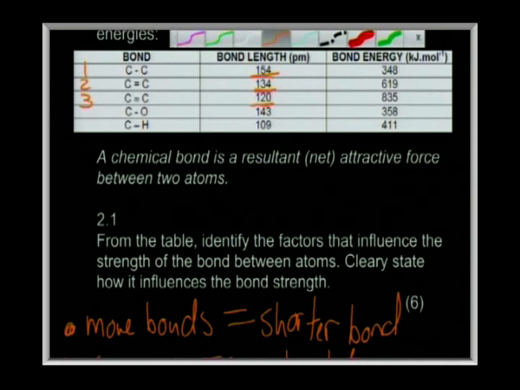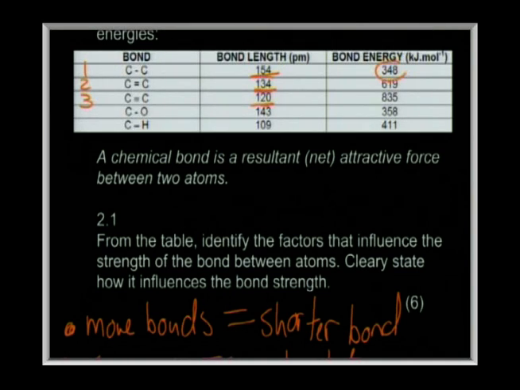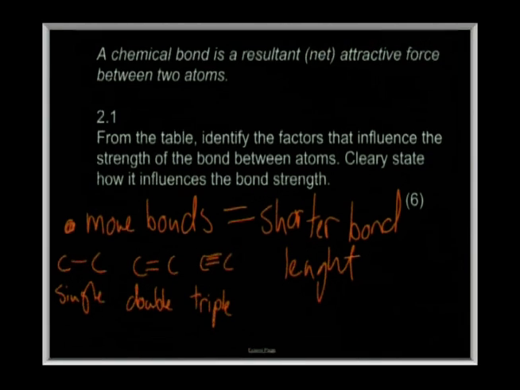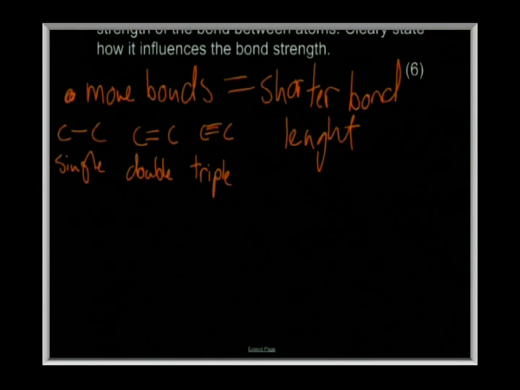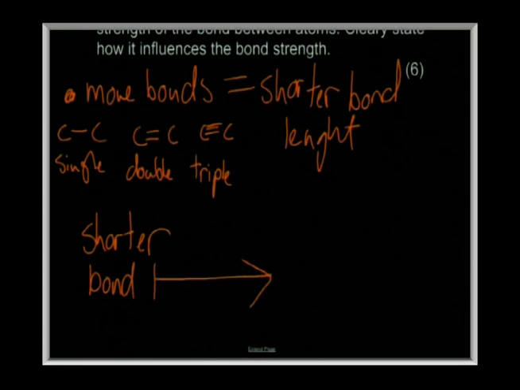I can see that the bond energy increases. So I'm going to add that. With shorter bond length, maybe in a full sentence: the shorter the bond, the higher the bond energy.